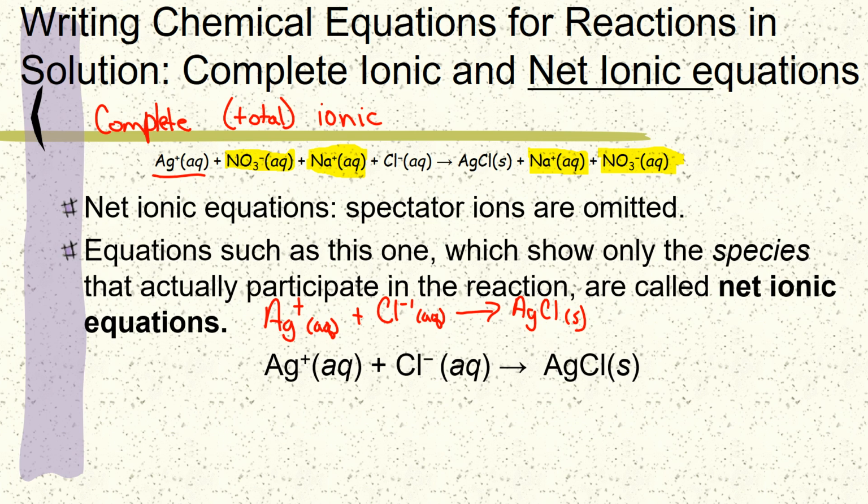Now, if you're ever asked a question and you have your balanced molecular equation and it's just asking for the net ionic, we can skip complete ionic. I only do complete ionics if I'm asked to do them.